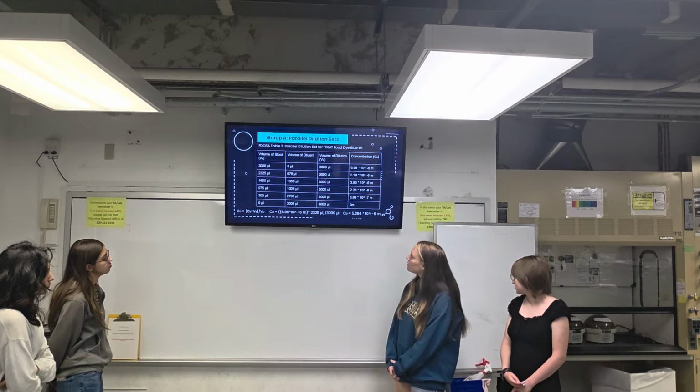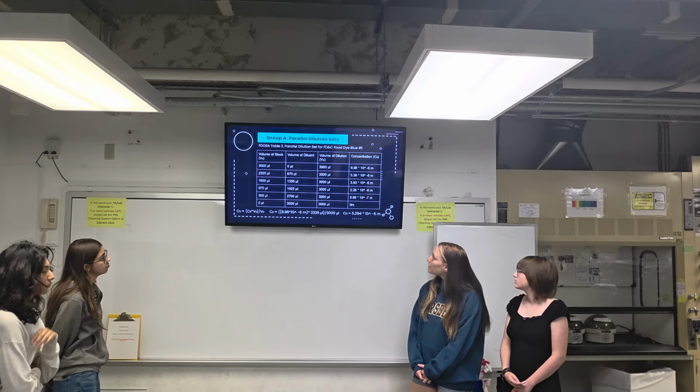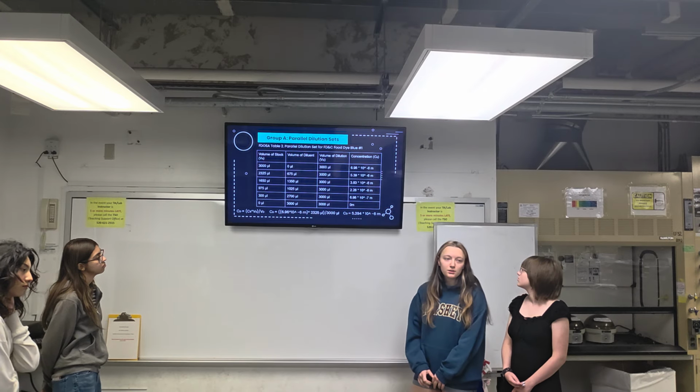And then VS was the volume of the stock, and we multiplied that by the volume of dilution to get the concentration.